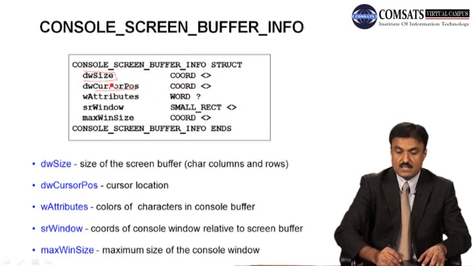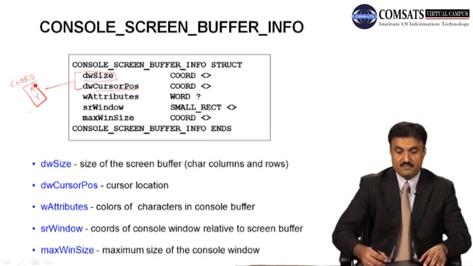These two, size and cursor position, are of type COORD. COORD is also a structure. As I told you previously, COORD is a structure which has values for the X and Y value. And then we have the small rectangle, which is also a structure.